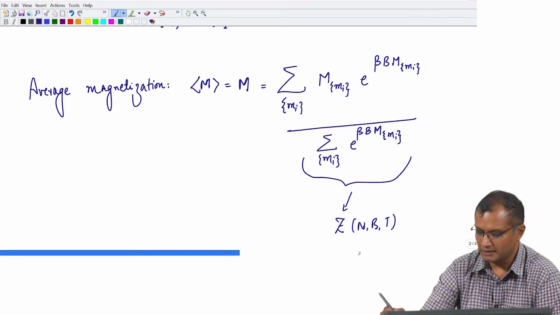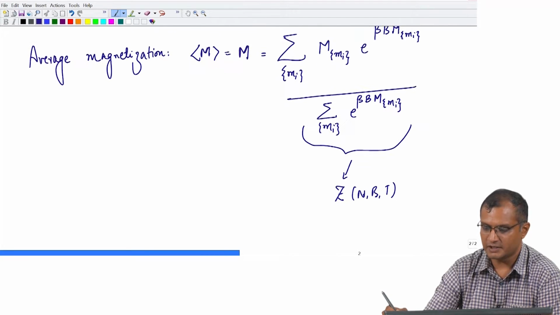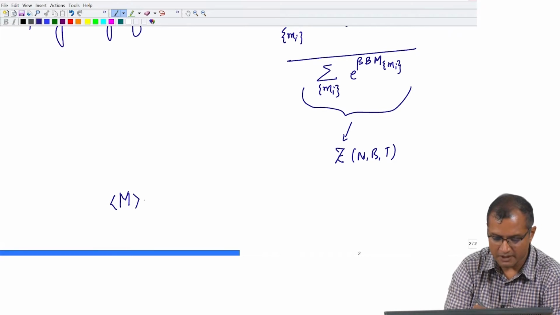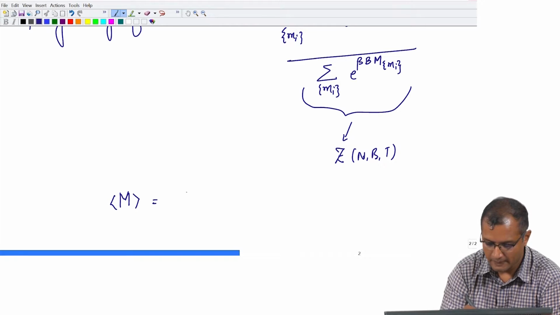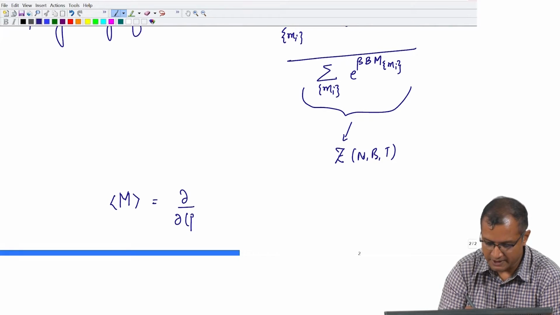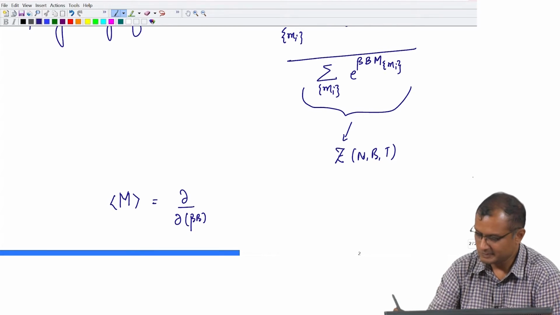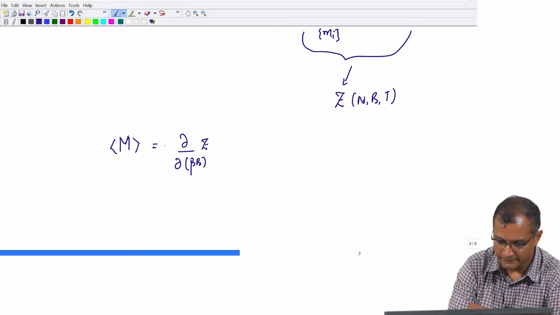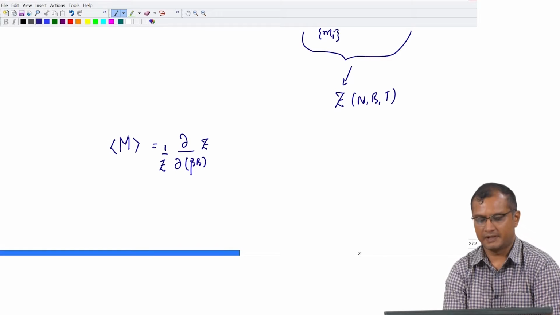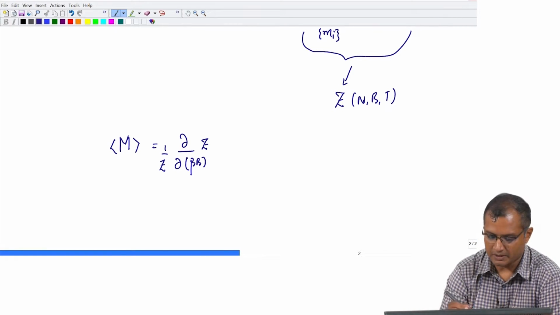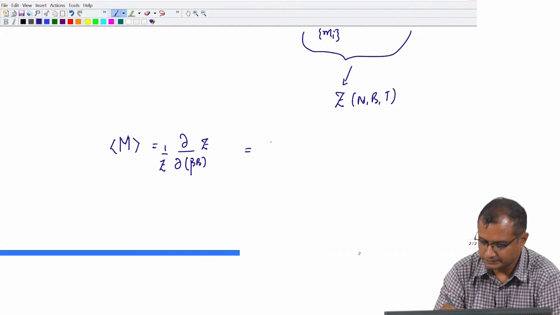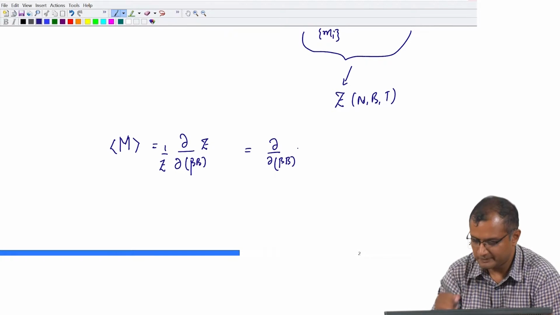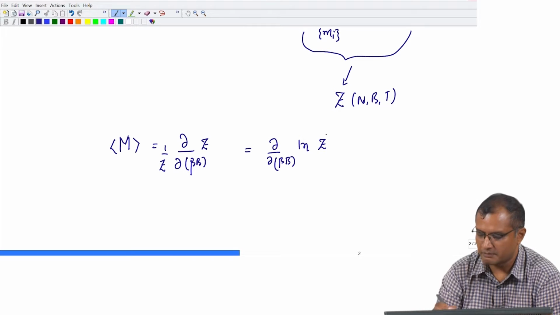So, just to extract the magnetization in the numerator, I can write down the average magnetization as nothing but d over d beta b of the partition function divided by the partition function, which is my denominator, and this is nothing but d over d beta b of the natural logarithm of the partition function.